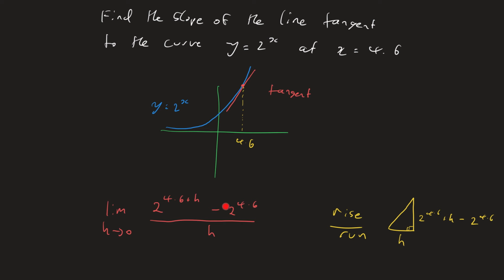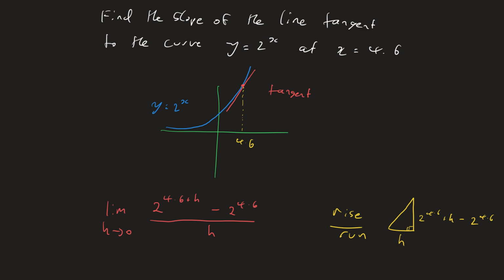The increase in height of the function is given by the value of the function at the new point when x equals 4.6 plus h, minus the height of the function at x equals 4.6, namely 2 to the power 4.6. So the numerator here is how much the function has increased when moving from x equals 4.6 to x equals 4.6 plus h.